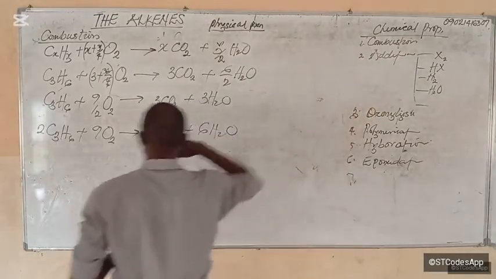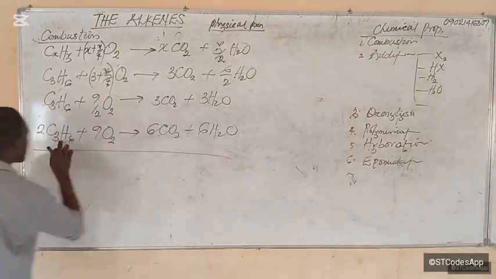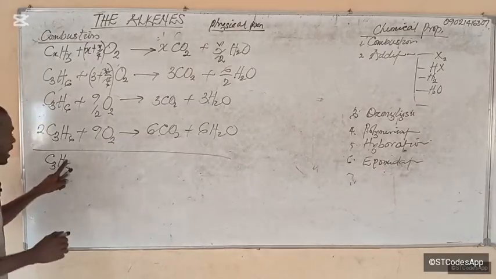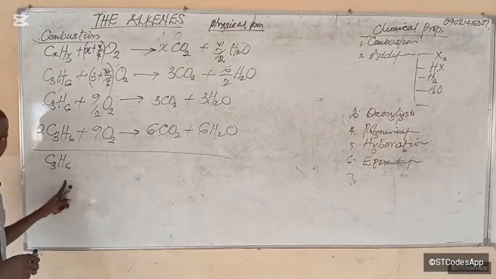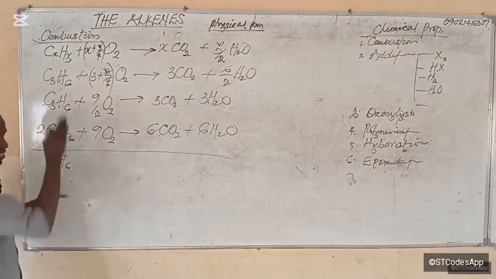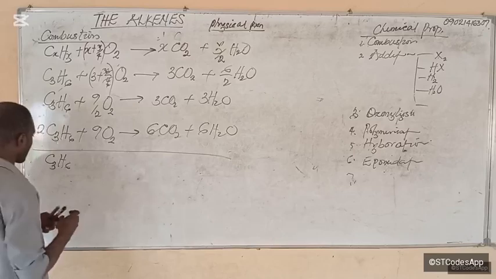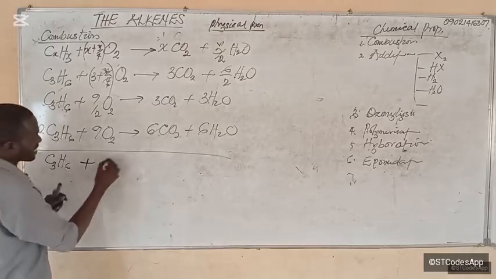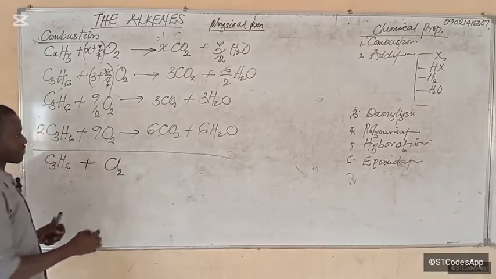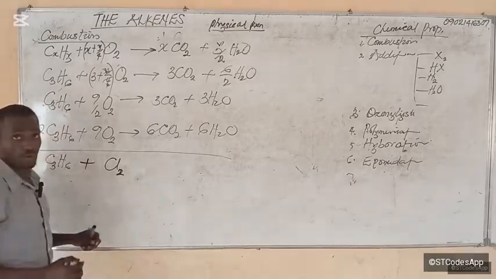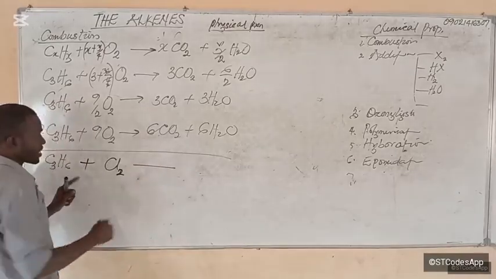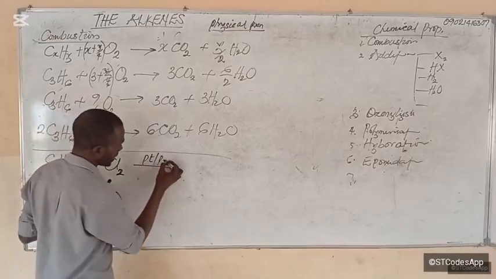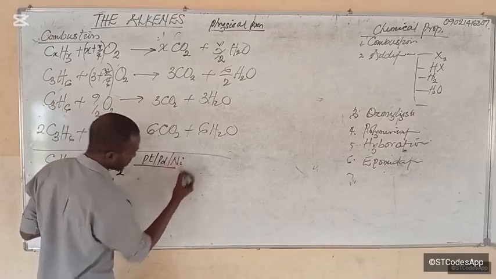For addition reaction of alkenes, let's take this same alkene, this propene here. This propene, I hope you know why, C3H6. Alright? Now, by the time you add, let's say chlorine, for example, on addition of chlorine, this takes place in presence of platinum or palladium or nickel catalyst.